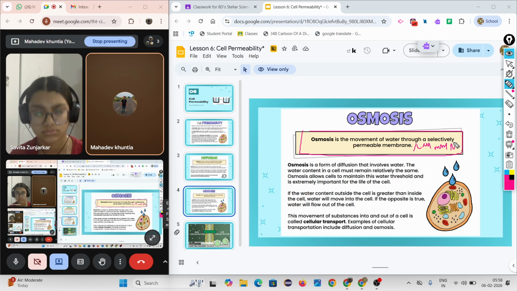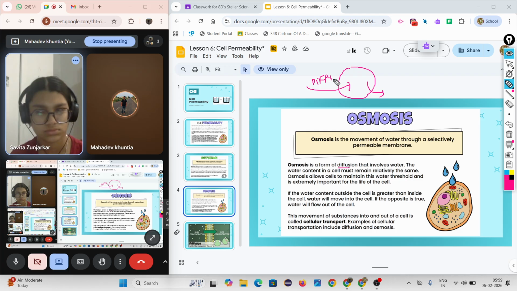Osmosis is a form of diffusion that involves water. Look, when water is coming inside the cell or outside the cell by diffusion, only remember water.